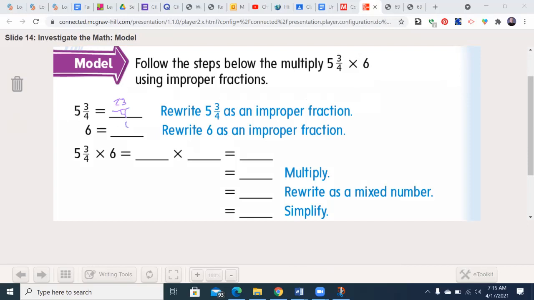And then 6 as a fraction is 6 over 1. Now I can go ahead and multiply them. So I'm going to rewrite it here, 23 over 4 times 6 over 1. And 23 times 6, 20 times 6 is 120, plus 18 is going to be 138.